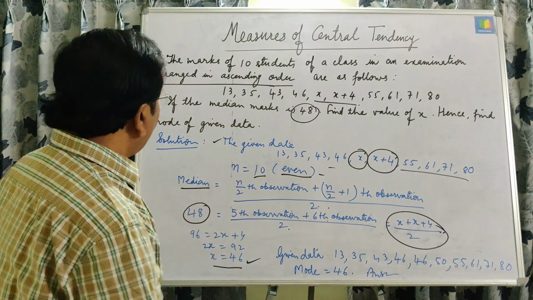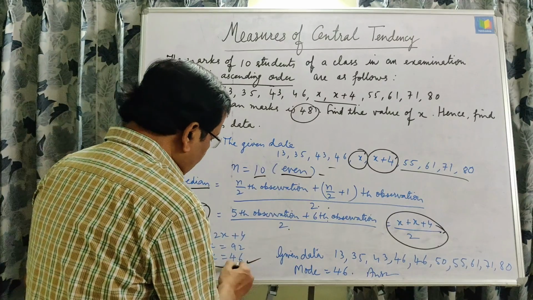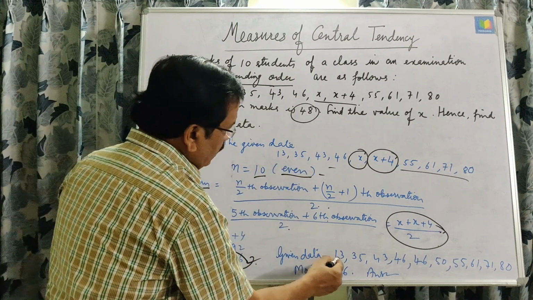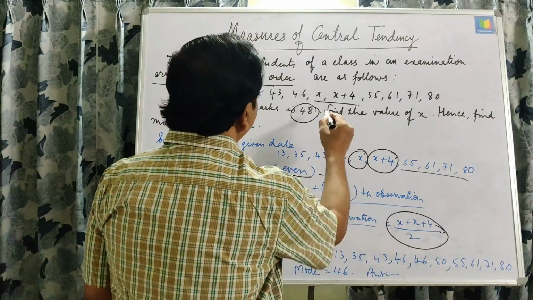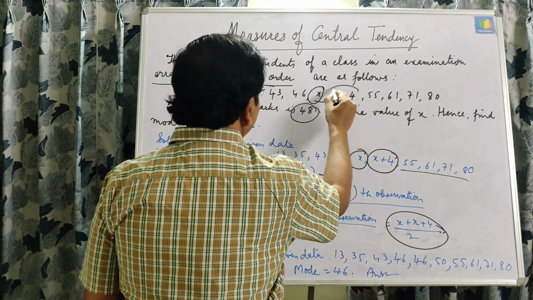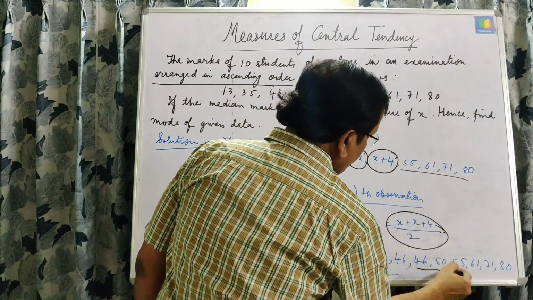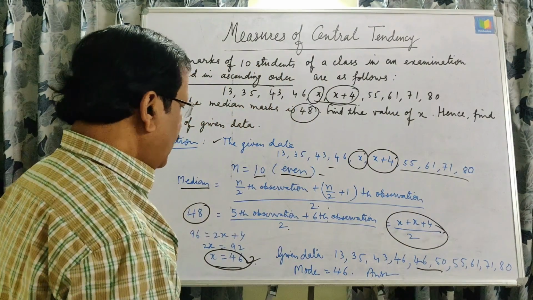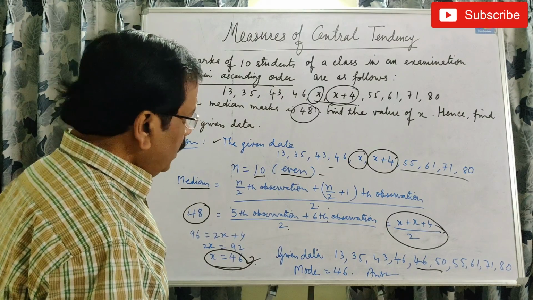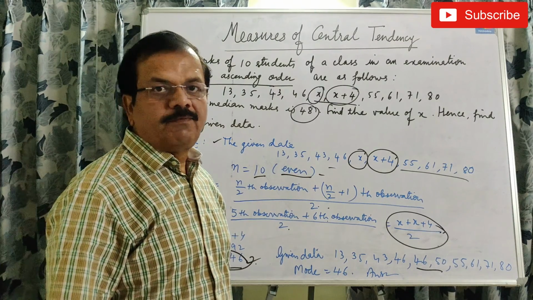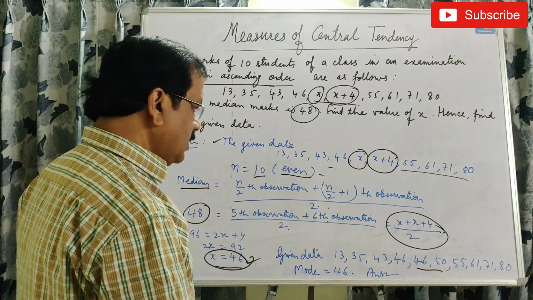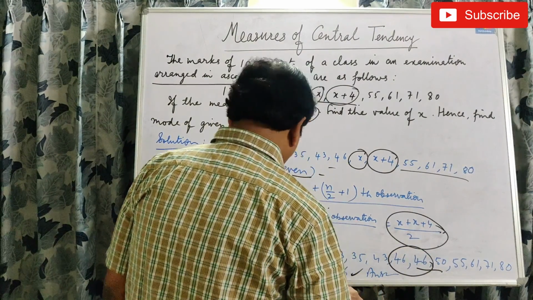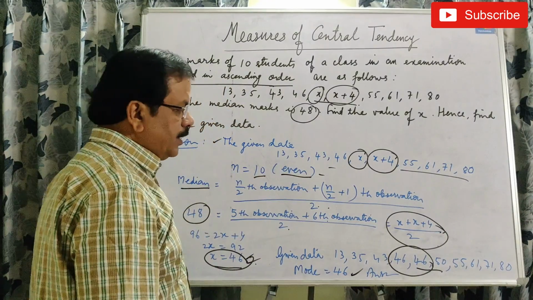Hence, to find the mode, writing this value of x in the given data: 13, 35, 43, 46, and this is 46 and this is 50, and then the rest 55, 61, 71, 80. Now finding the mode, which data is repeating itself the maximum number of times, and that is 46, and that is why the mode will be 46 and the median is also 46.